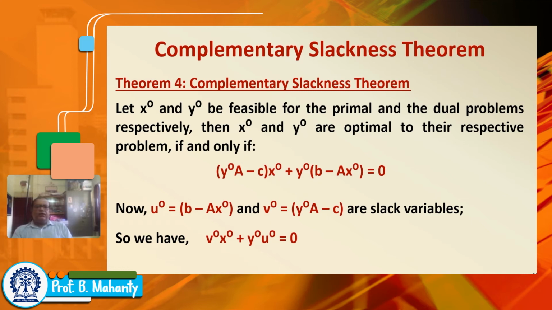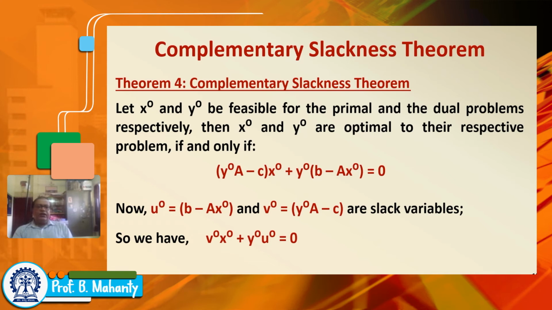So if u0 and v0 are slack variables for the primal and the dual problem respectively, then we have v0 x0 plus y0 u0 equal to 0. Please mind, this is a vector equation. Is this vector equation clear?